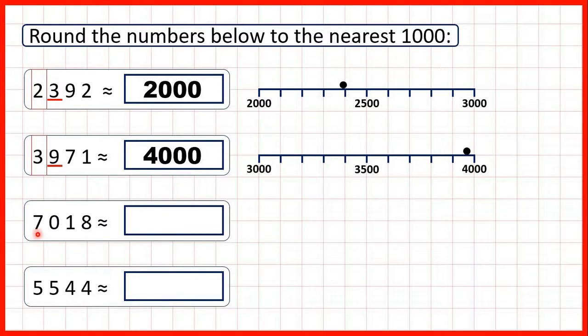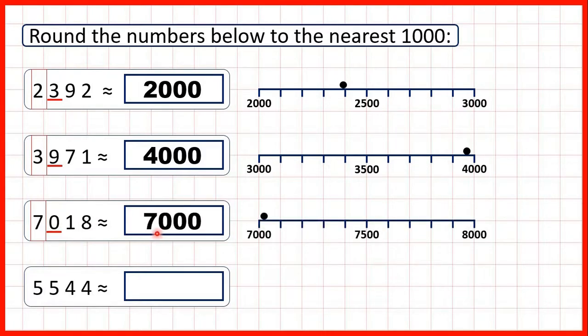Now we have 7,018. Again, we highlight our thousands digit, underline the digit to the right, and we have a 0. Now because that's less than 4, we're rounding down. Because it's 4 or less, we round down, so the 7 is going to stay a 7. All of our other digits turn into zeros, so we get 7,000.